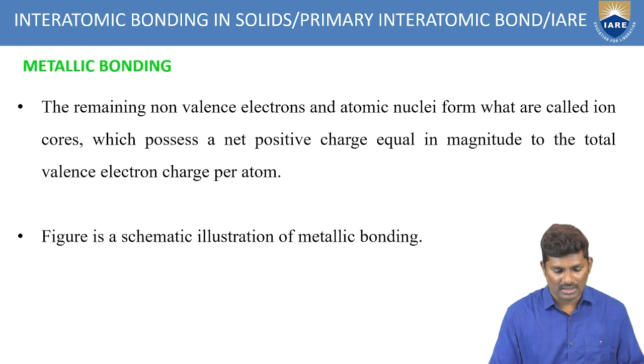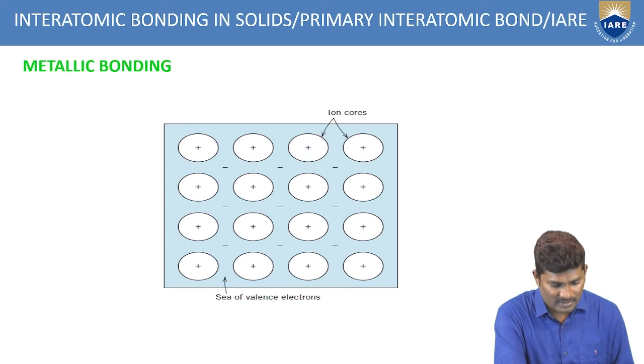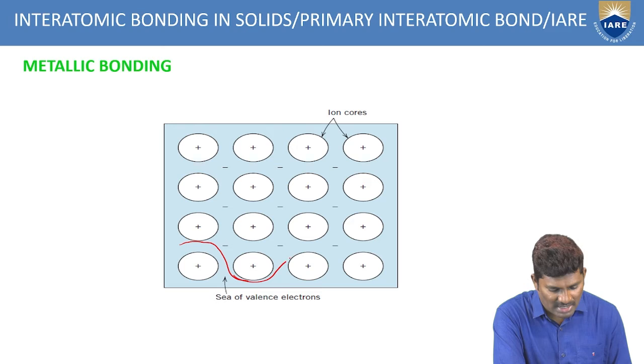You can see the figure where you can observe the free electrons and how they are passing. This is the metallic bonding example. Wherever you find these gaps, this is the sea of valence electrons, and they can easily pass since you have a gap.